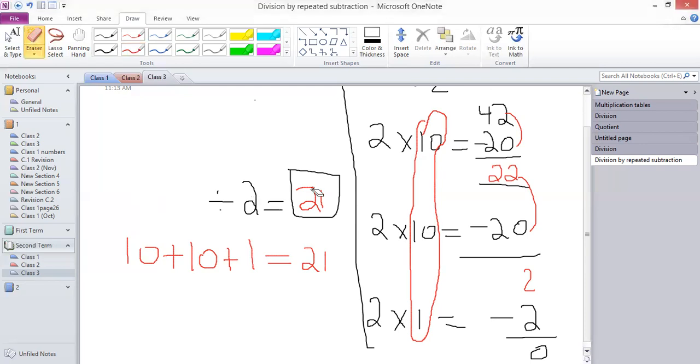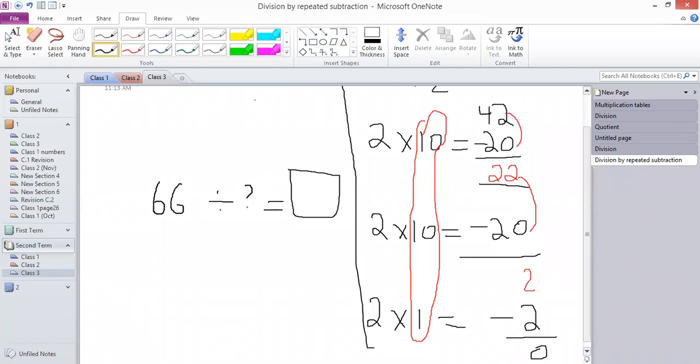Let's take one more example. Let's suppose it is 66 divided by 3.